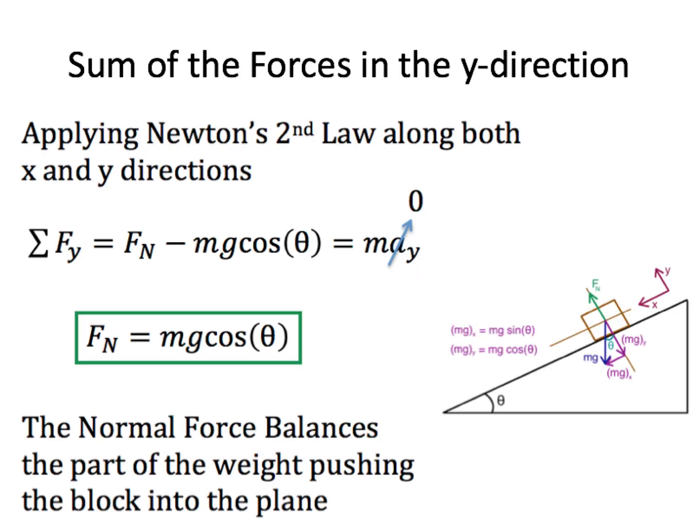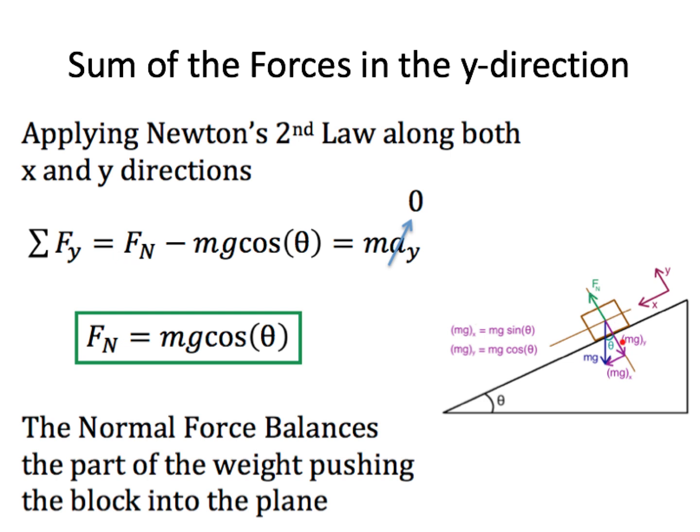So in any case, what are we going to do? We're going to apply Newton's second law, and we're going to do it in both the x and y directions. And so first I'm going to sum the forces in the y direction. Fn is pointing in the positive y direction, so that's positive.